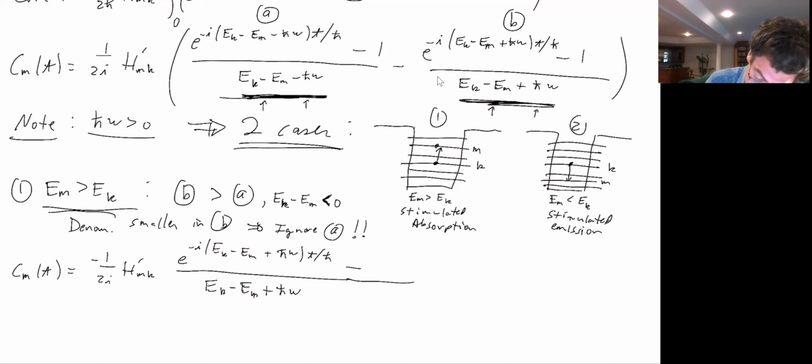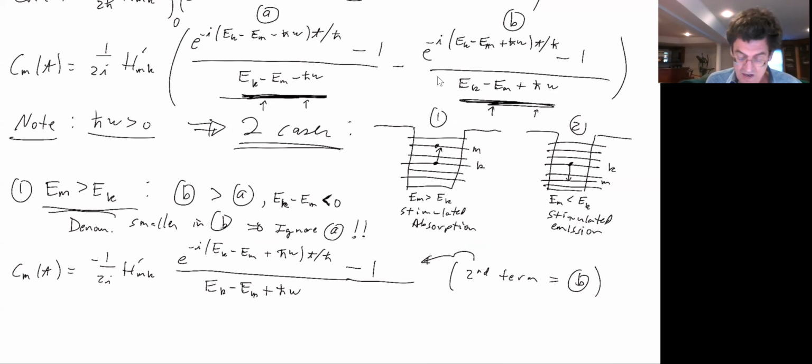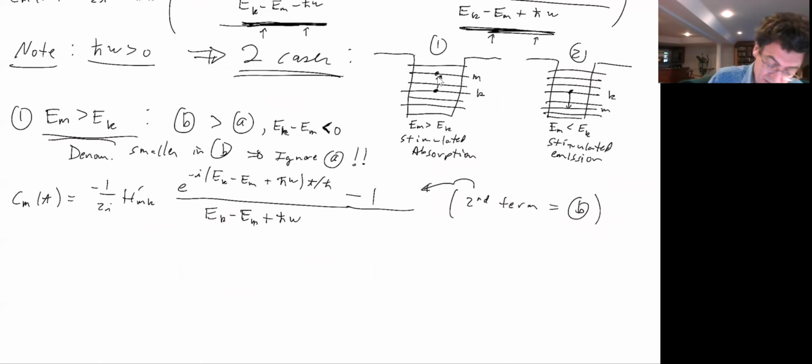That's just what we get from the second term, so I'll say this is equal to B. And I should put wigglies here because it's an approximation.